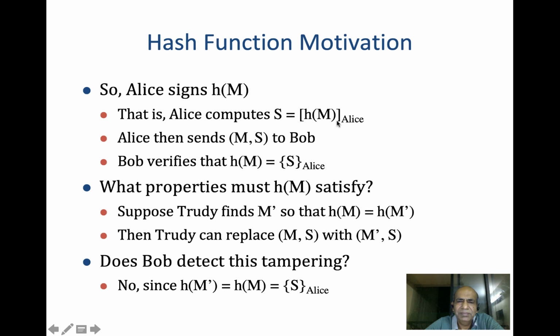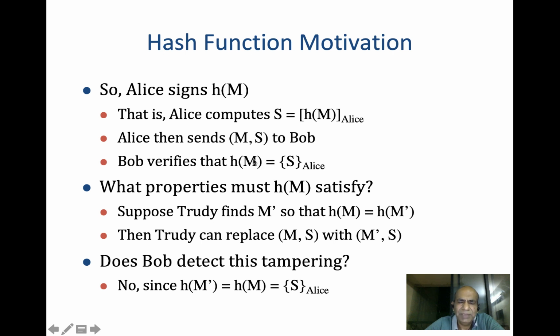Alice then sends M and S to Bob, and Bob verifies H of M by applying the public key of Alice.